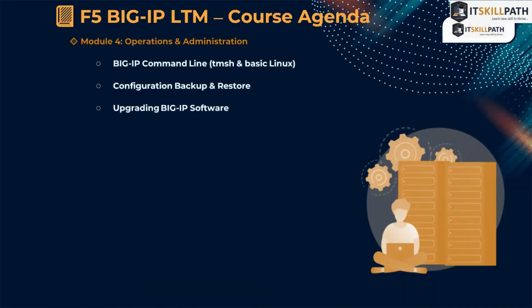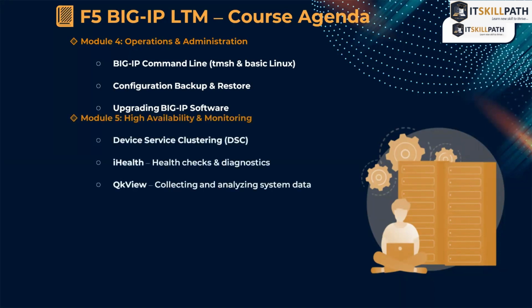Then in module 4, operations and administration, I'll explain how you can troubleshoot from the CLI, how you can do configuration backup, restore from backup, and upgrade the Big IP software. Then how we can configure HA, what HA is, and its prerequisites, and what QKView is.